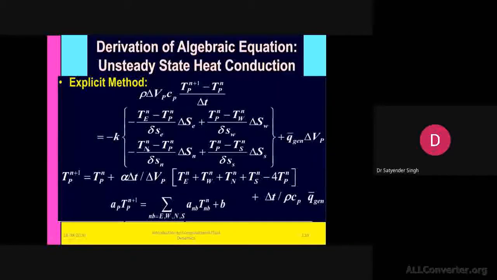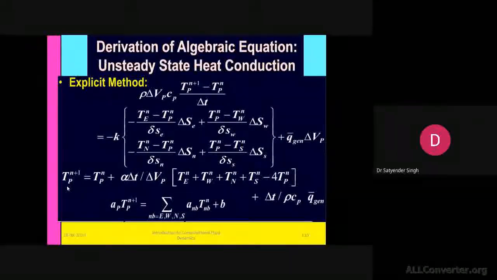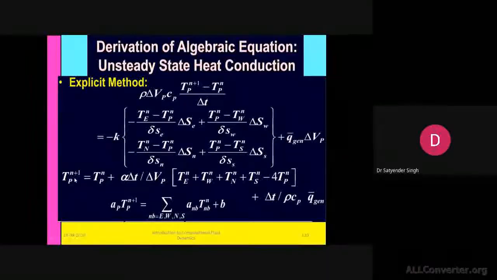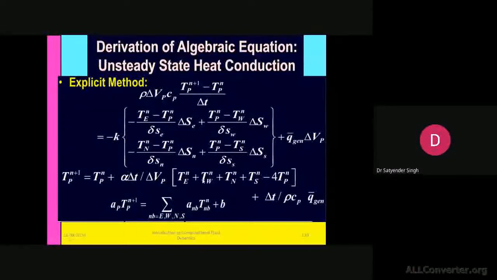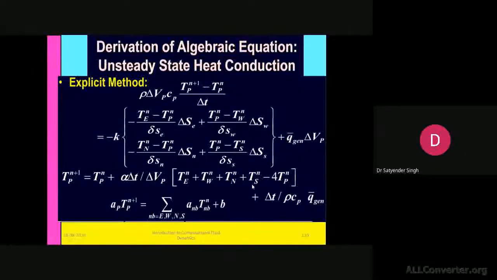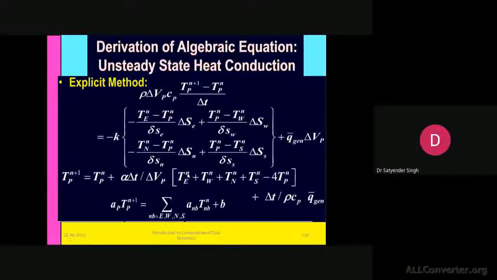While it is solved, it gives this form, which we have already seen, almost a similar form that we derived from the FDM, and here we have this form from FVM. This is going to be solved for the n+1 level for a two-dimensional problem by taking the information of its east, west, north, south cell centers at the previous time level. n represents the previous time level, n+1 shows the next time level.